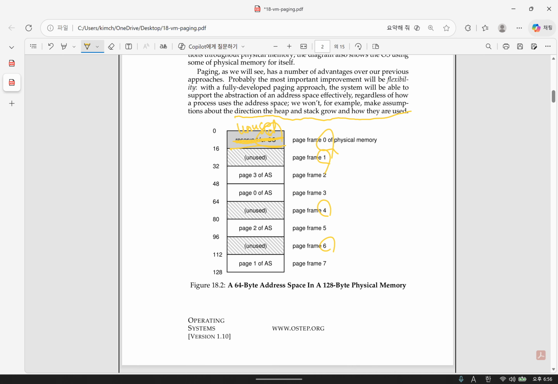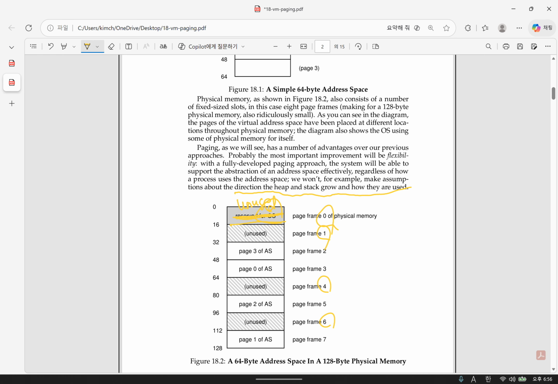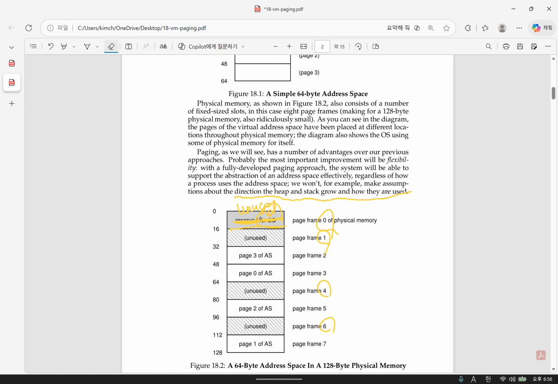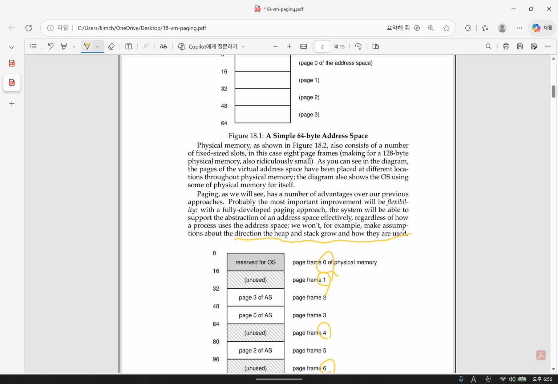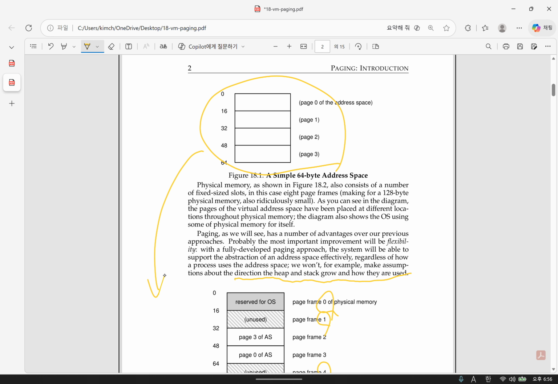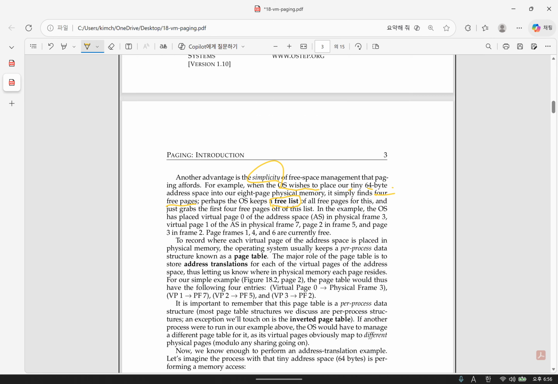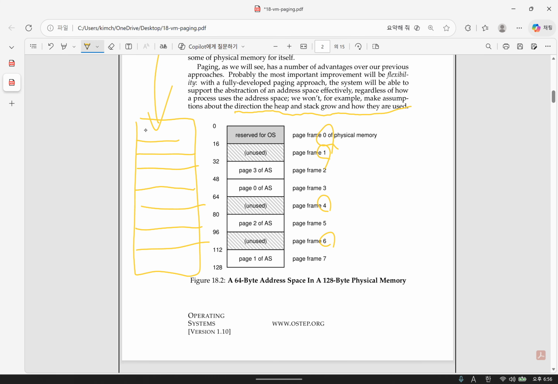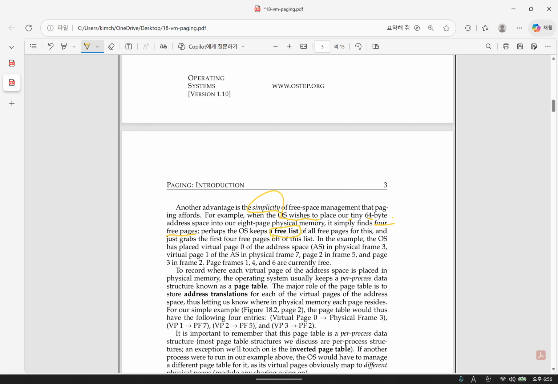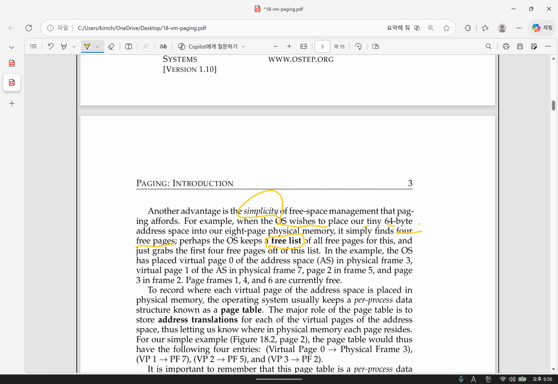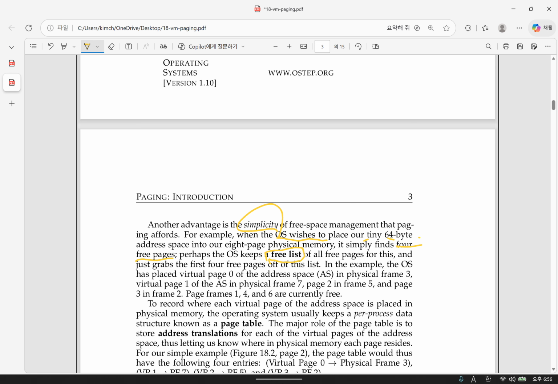So basically, what they're saying is when they want to place this memory into a physical memory divided into 8 slots, 8 page frames, and of course this is reserved for the OS, it searches for four free pages, and the OS has the free list of all the free pages, and it grabs the first four free pages.